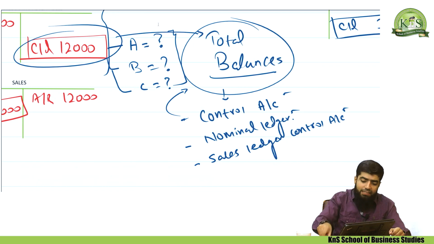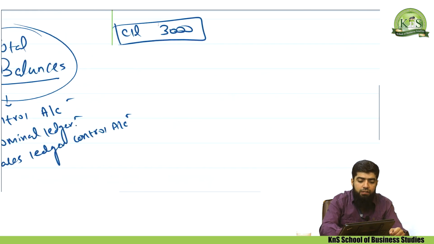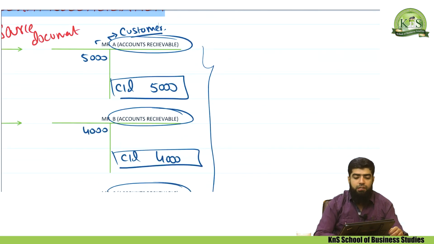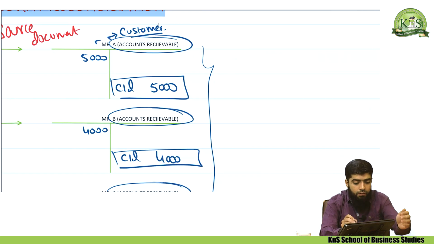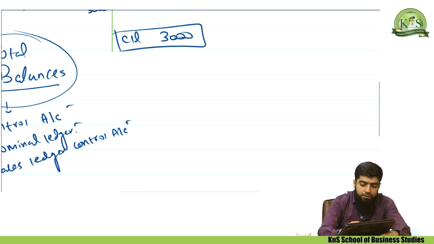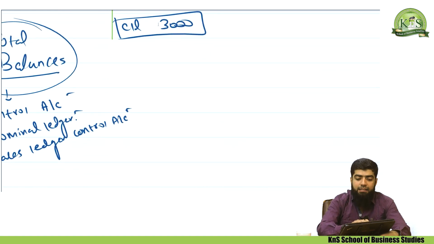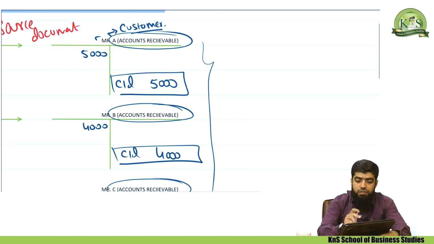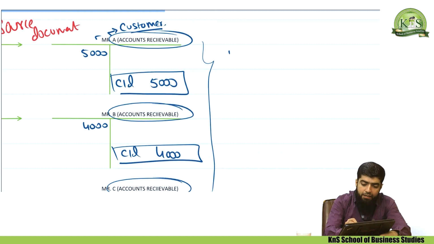Let's move on towards the next side, that is the individual accounts. These account receivable ledgers show the individual balances. The name of those individual balances is known as the individual account, the most common name.